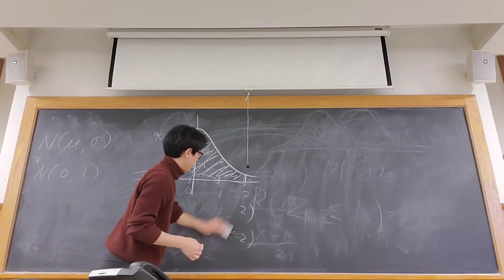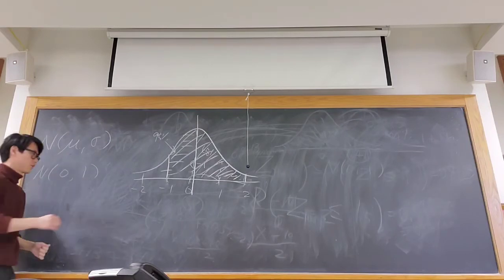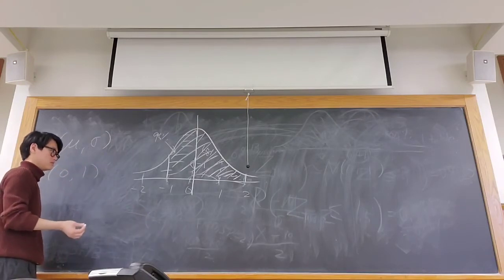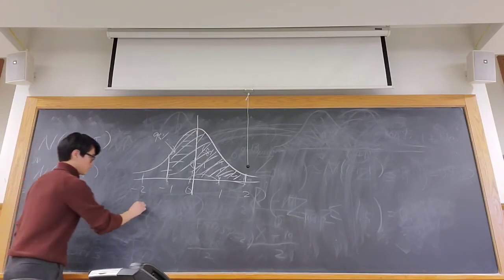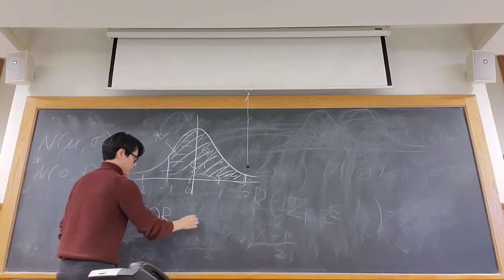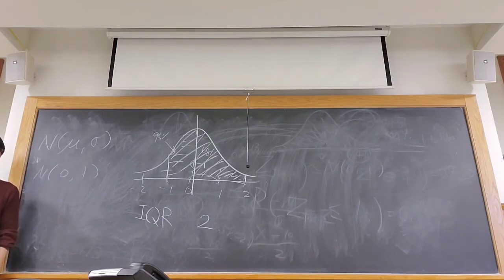Okay, my last follow-up question. When I think about the range, or maybe if I am more tricky, when you think about IQR and 2, which one is larger? Are you asking when the standard deviation is 2, so the wider normal distribution?